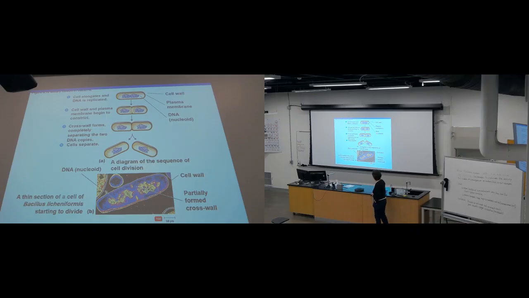Here is an example of binary fission. Here we have a rod. This is Bacillus licheniformis. This rod duplicates the DNA, so here we have one copy of the DNA and another copy. As this cell is duplicating its DNA, it needs space, so it starts elongating. Then you will start forming an indentation of the cell wall in between the copies of the DNA so that they can go into separate cells.